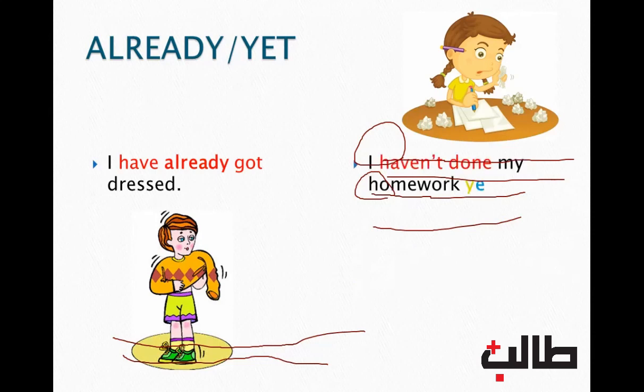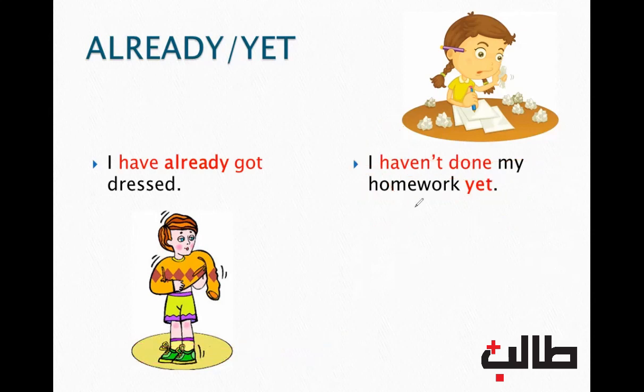What about yet? The other example: I haven't done my homework yet. Can you see that yet comes in negative form? يعني yet هي عندكم جت في النفي negative form.